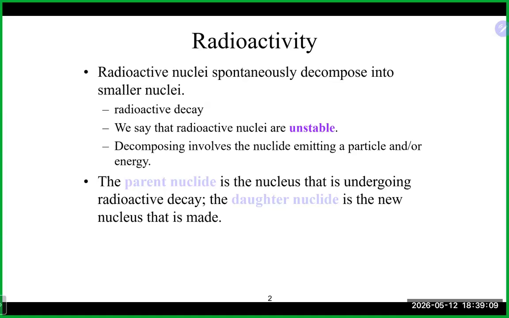Now, typically what happens in a nuclear decay situation involves usually emitting some type of particle and usually energy involved in it. Usually the parent nuclei, the nucleus, the isotope that's undergoing this process, is the one that is going through radioactive decay. The daughter nuclei is the one that is going to be made as a result of it, which is the new nucleus.